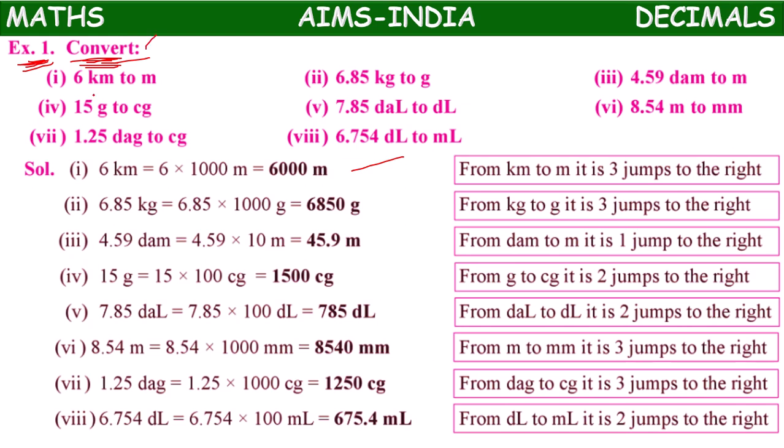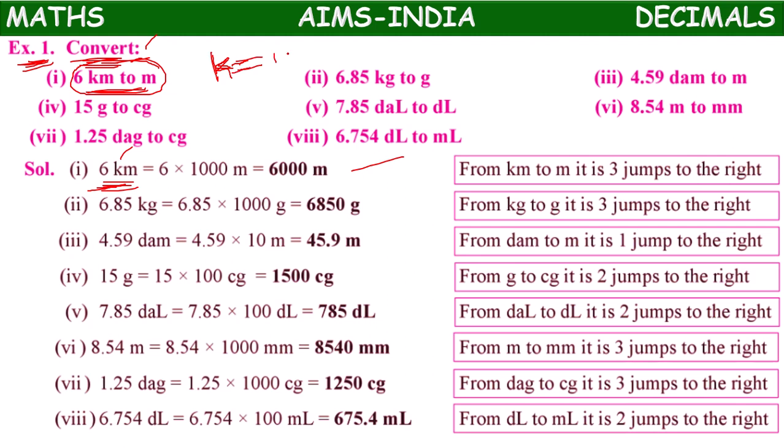Convert 6 kilometers to meter. Let's write 6 kilometer first. What is the meaning of kilo, children? K stands for kilo, which is a multiple of a normal unit.